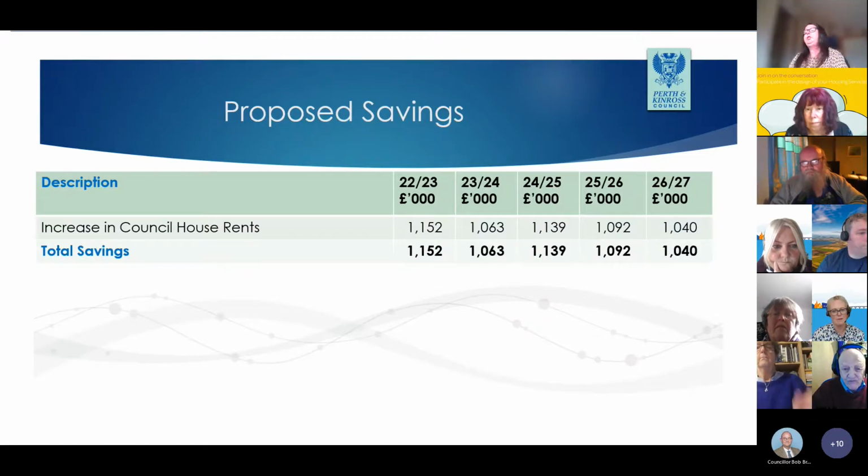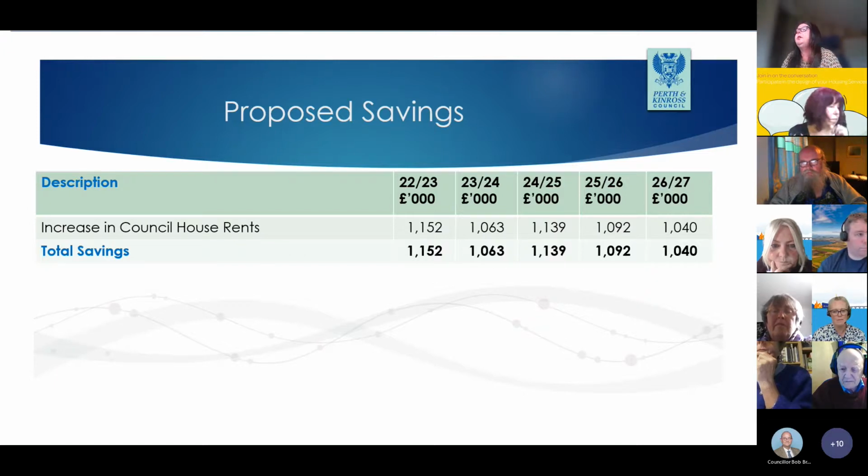Next slide, please, Kevin. So in terms of this year, our proposed savings, as identified in this slide, are an increase in the level of income. So for 2022-23, that increase in income is based on option 1 in the rent setting proposals that you're going to be presented with today.